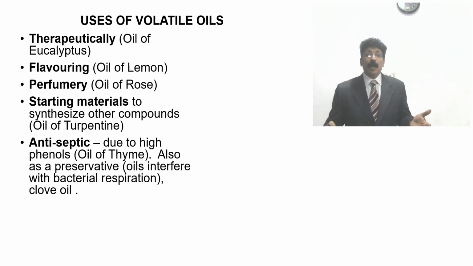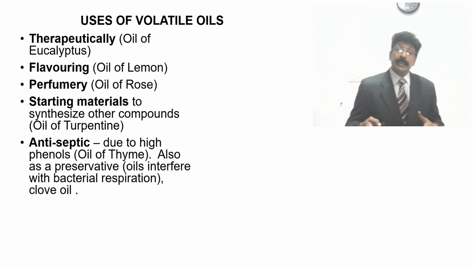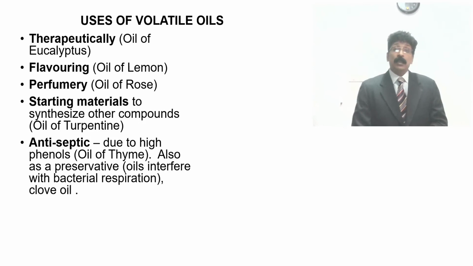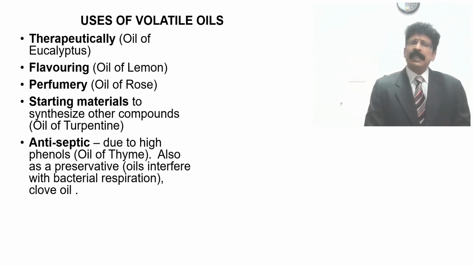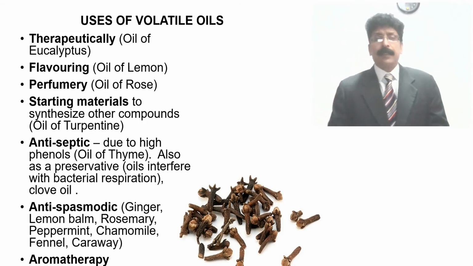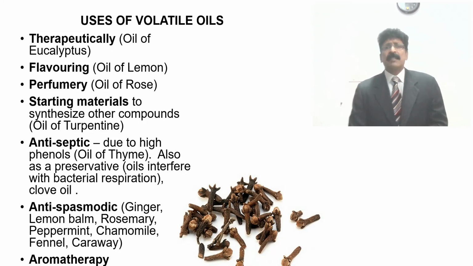Also as a preservative, it interferes with bacterial respiration and acts as an antiseptic. Clove oil, you may know, we are using for many purposes in dentistry. As an antispasmodic, it relieves spasm and cramps.